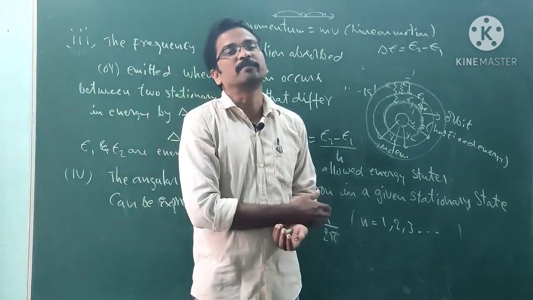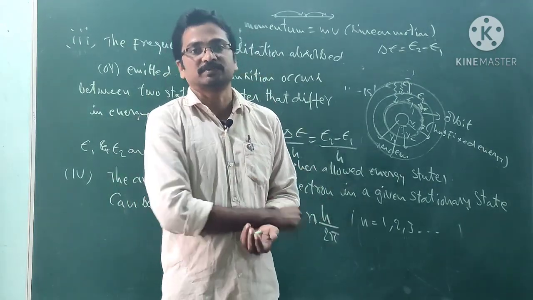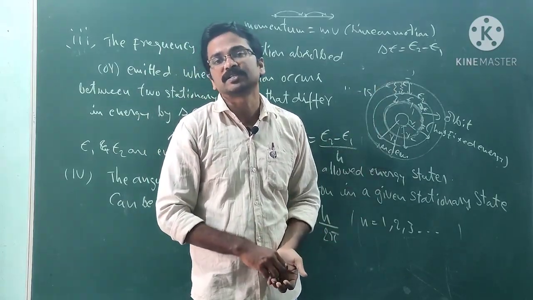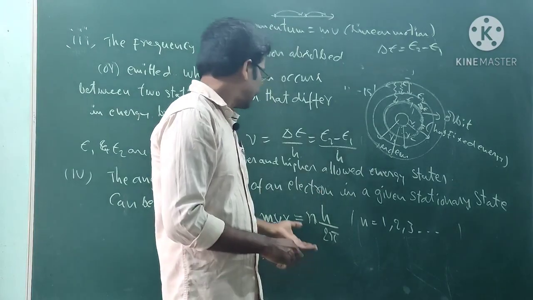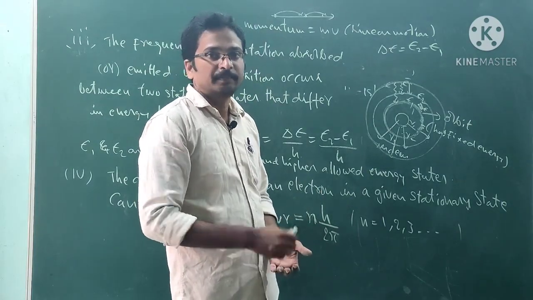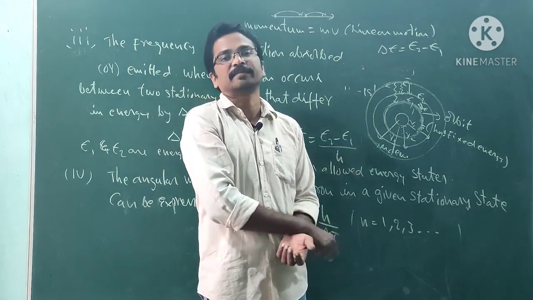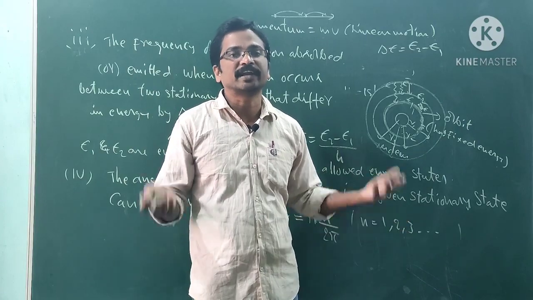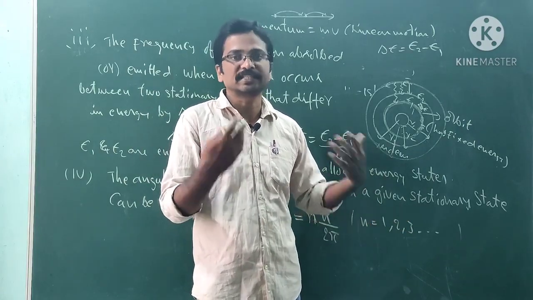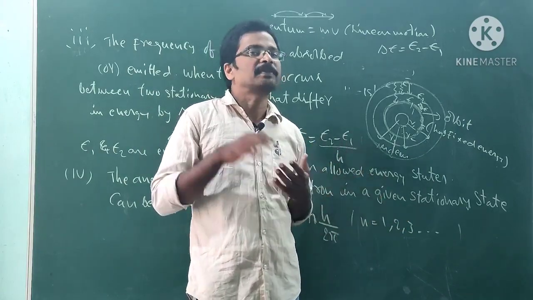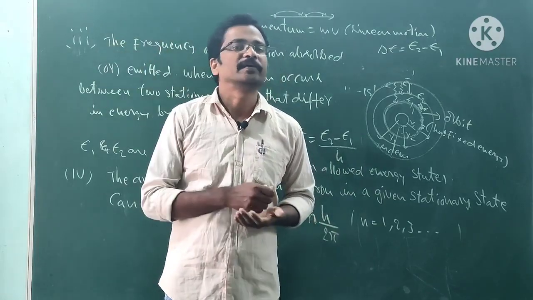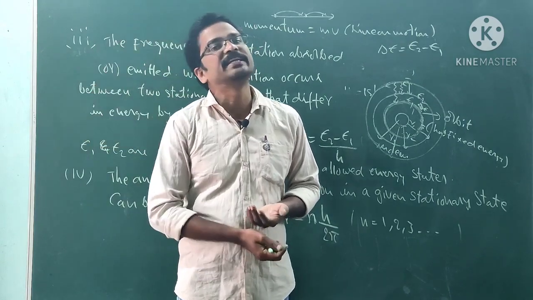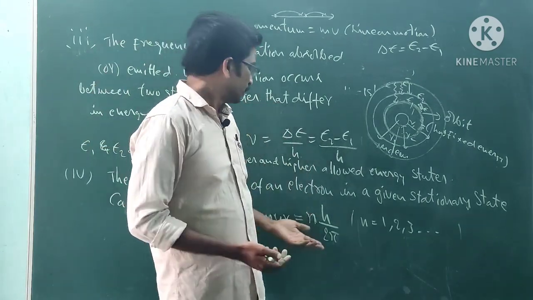There are lengthy problems for proving this concept. The basic ideas are introduced in intermediate, but the detailed concept for the hydrogen atom and other things is not here. It is presented at higher levels, like post graduation, where they show in detail how mvr is equal to nh by 2 pi is proved.